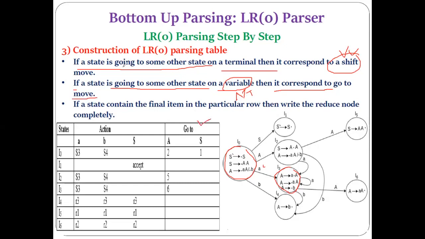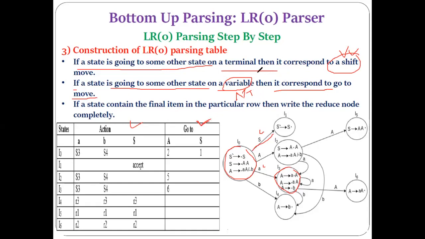When one state moves to the other state on a terminal, you have to make the entry in the action column. And when I0 moves to the I1 on non-terminal S, you have to make the entry in the go to column.